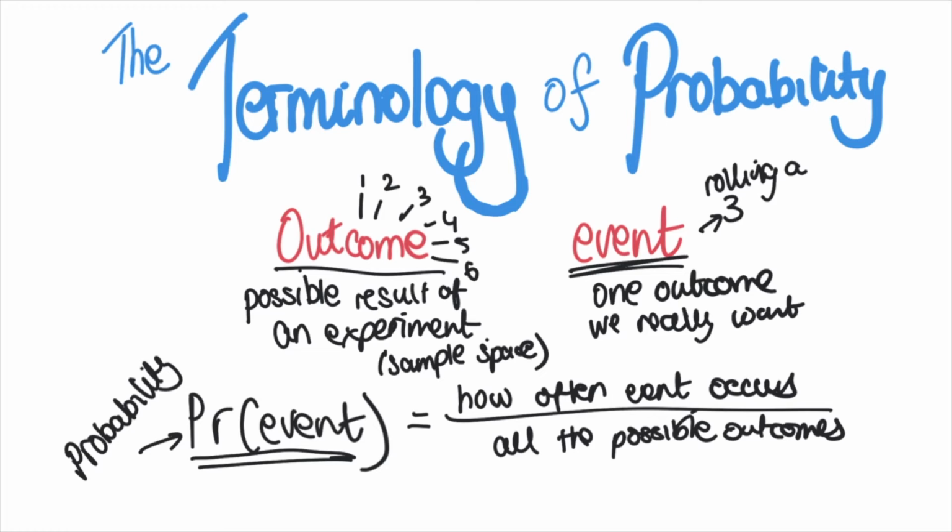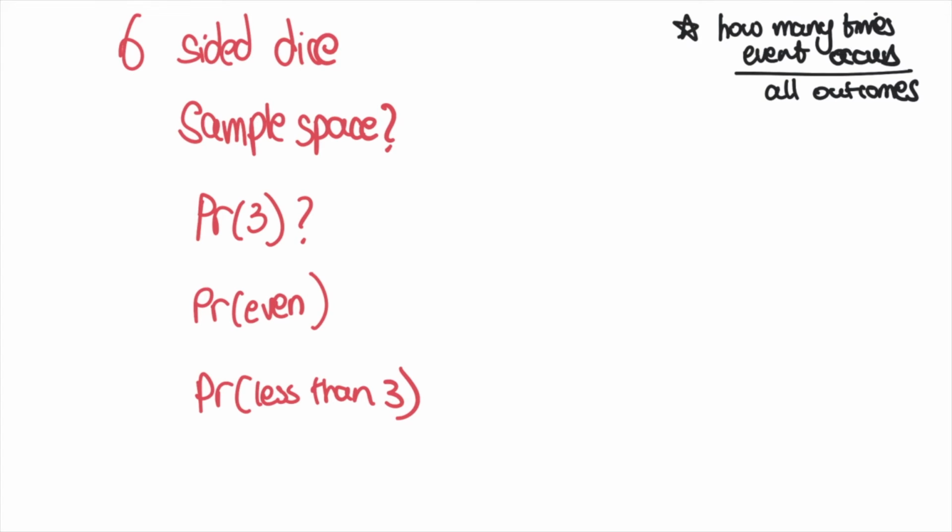So I'll show you some examples of how we can do this next. All right, so we are talking about a 6-sided dice. So the first thing we need is the sample space. So what are all the outcomes available when we roll a dice? Well, you're going to get a 1, a 2, a 3, a 4, a 5, or a 6. The next question here says, what is the probability of getting a 3?